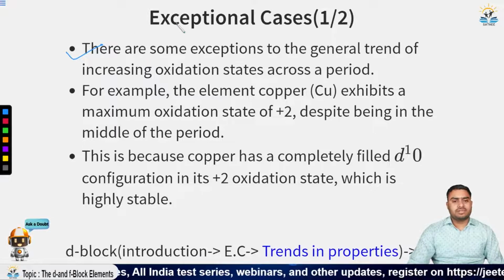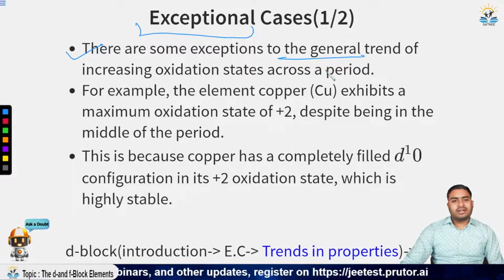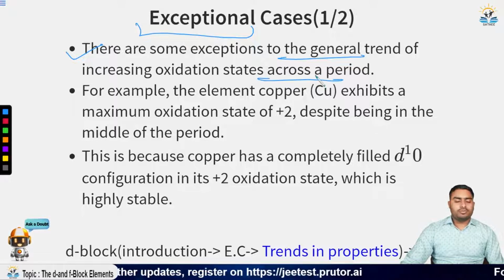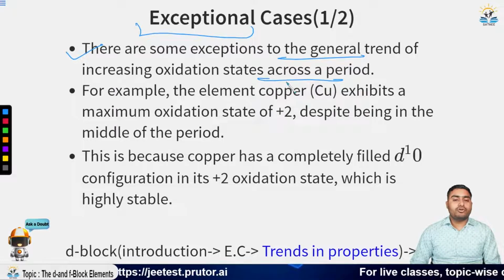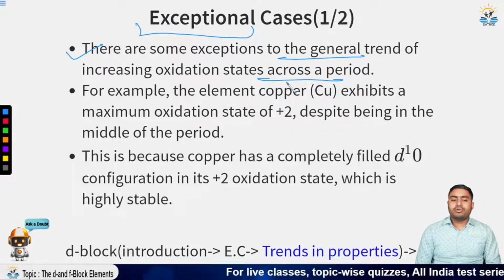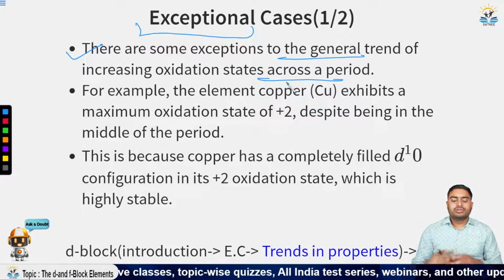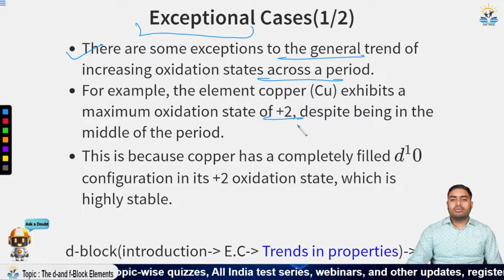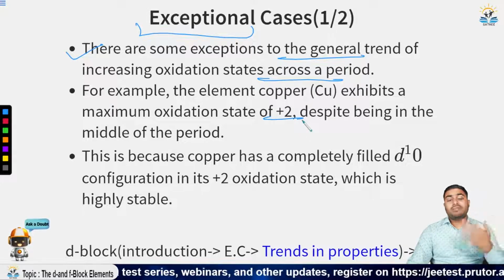There are some exceptional cases to the general trend of increasing oxidation state across a period. For example, the element copper exhibits a maximum oxidation state of +2 despite being in the middle of the period. It can show +1 and +2, but it cannot show +3, +4, +5.